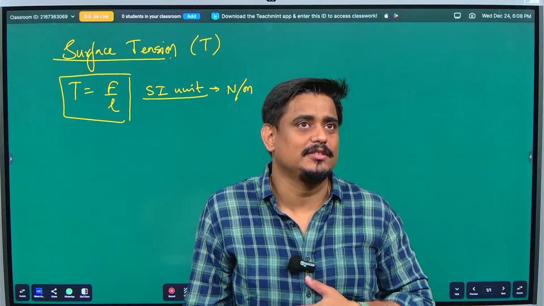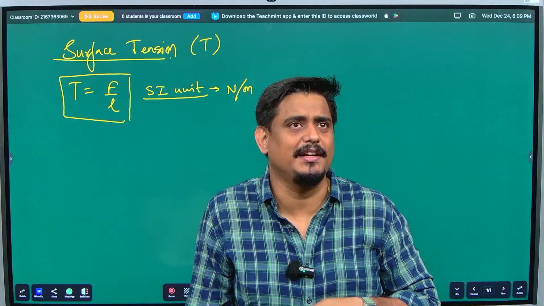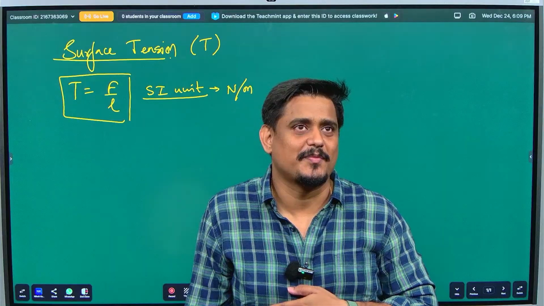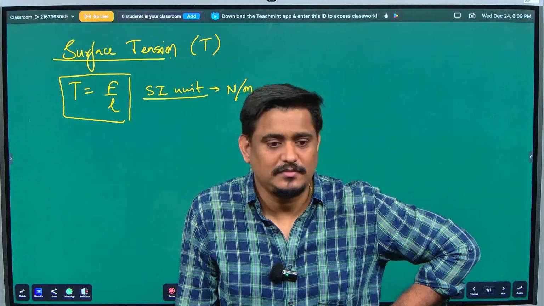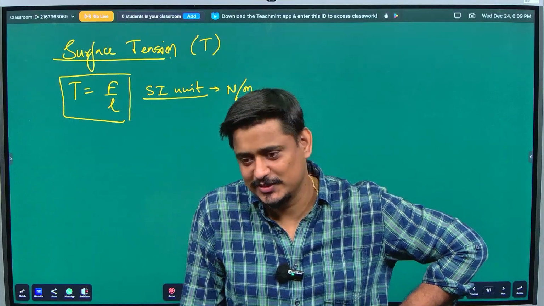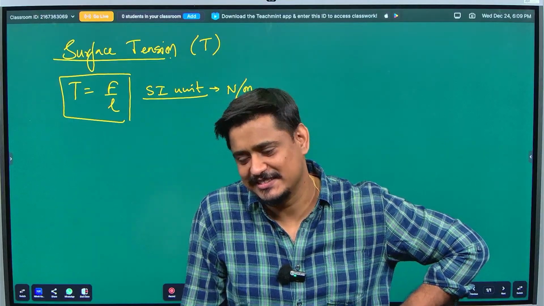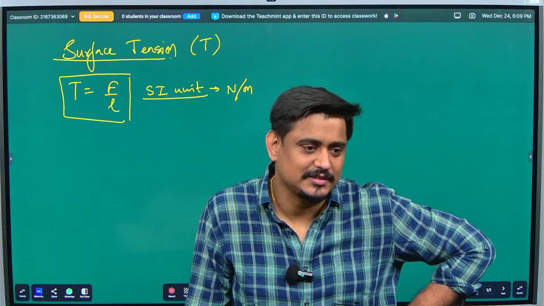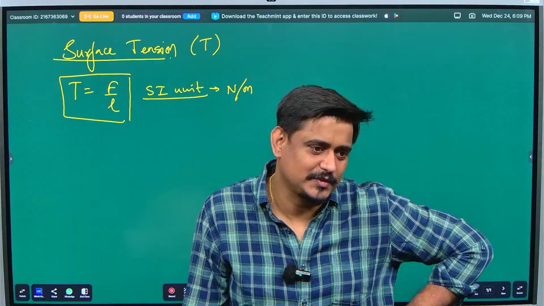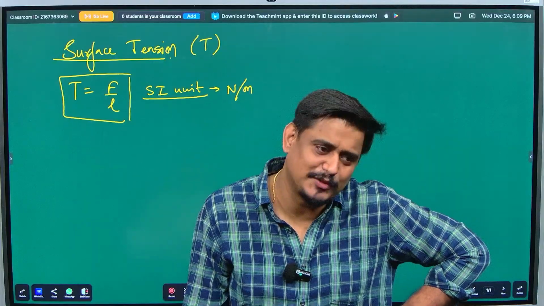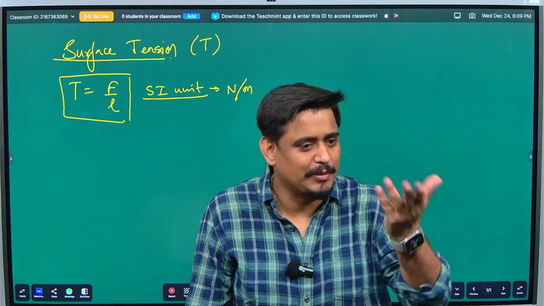Anybody who can tell? By the time you search, I will tell the answer. Recently you have learned spring constant. K equals F by X. F is Newton, X is meter, so Newton per meter.